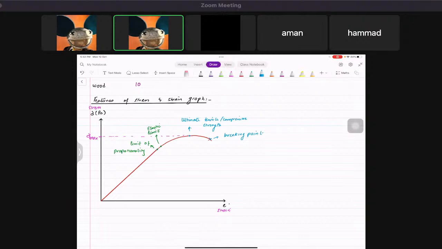Okay, so one of the points which are actually there as well, I wanted to do it. Usually they won't ask you, but we don't really know, so we'll do it. Just after the elastic limit, there is a yield point, and now let's segregate it.